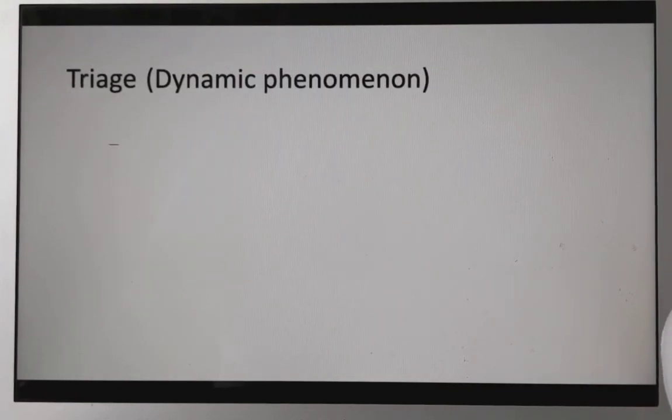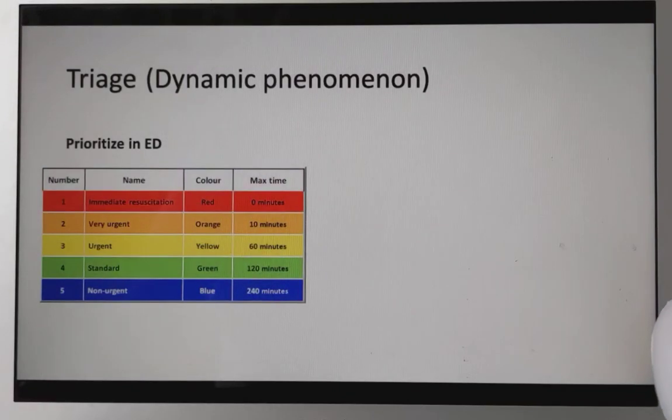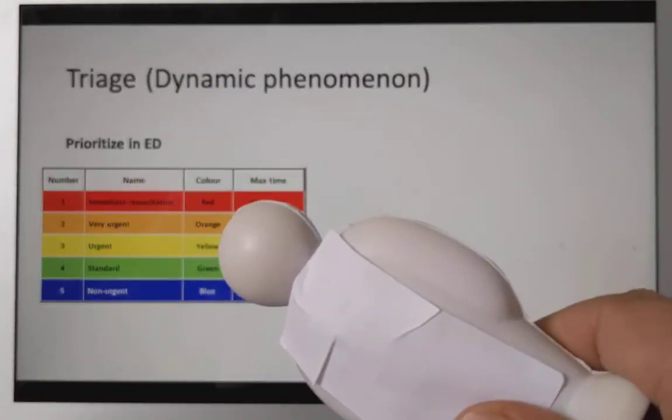Now, based on this, we usually triage. Triaging is often done in emergency departments, where you prioritize using a triage scale, identifying whether somebody needs immediate resuscitation.